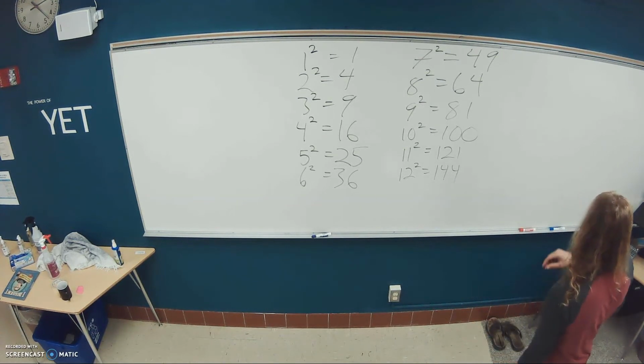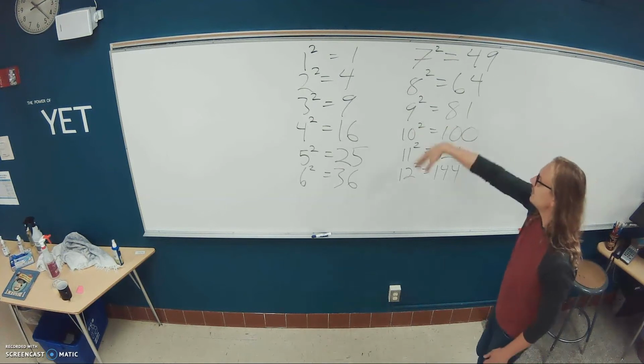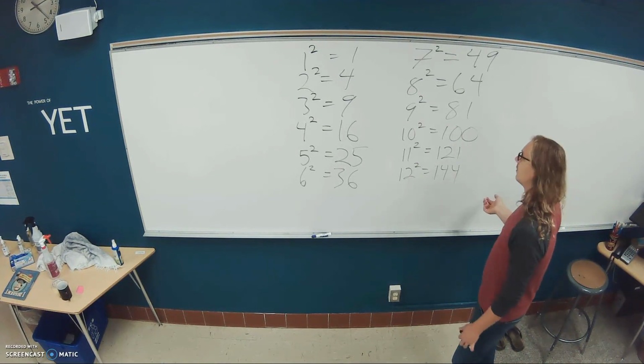So this is something that you may want to take a moment and make a list of, because these are the ones that you're going to see the most frequently.